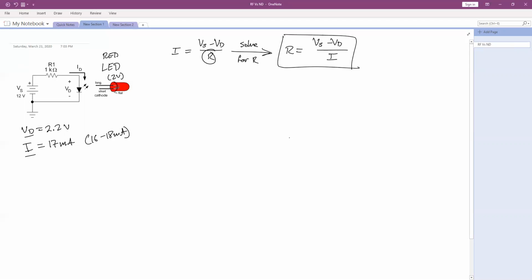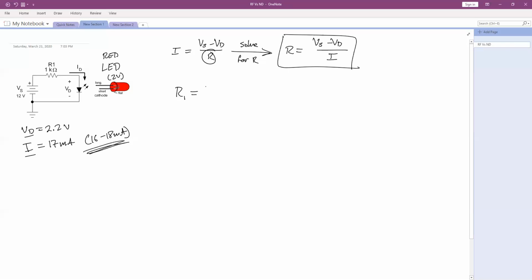Okay. So what we're going to do now is figure out a range of safe resistances because we have a range of safe current values. So we'll start off with that one. That'll be our first resistance value, and we'll start off using this 16 milliamps.